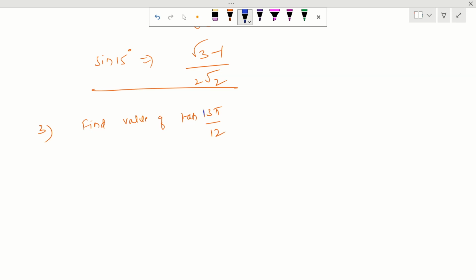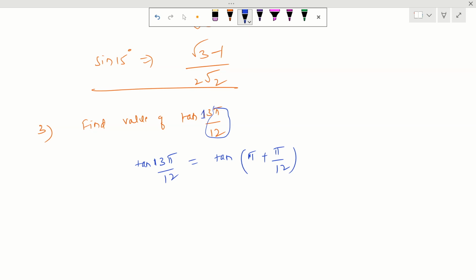When this type of problem is given, we have to write the term pi by 12 separately. Then 12 times pi is 12 pi, plus 1 pi, gives 13 pi.